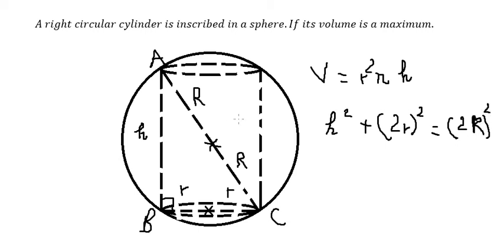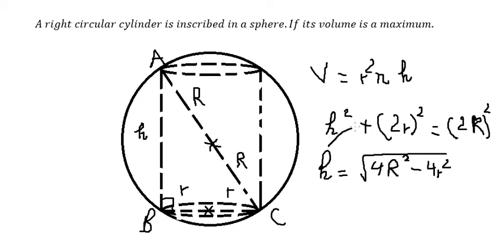And you must know that capital R in here is given, because if they give the radius of the sphere, we can find the maximum volume of the cylinder in here. So this is a constant number. So we got h equals the square root of 4R squared minus 4 small r squared.